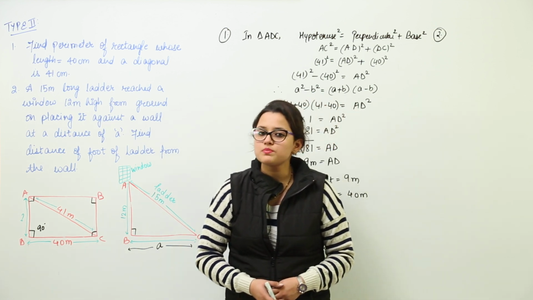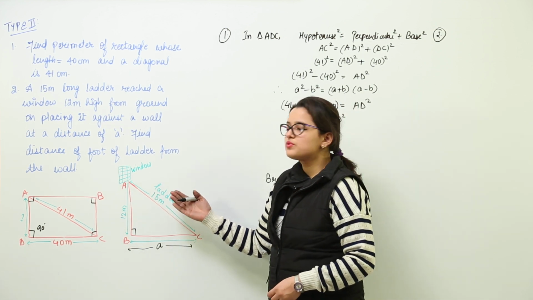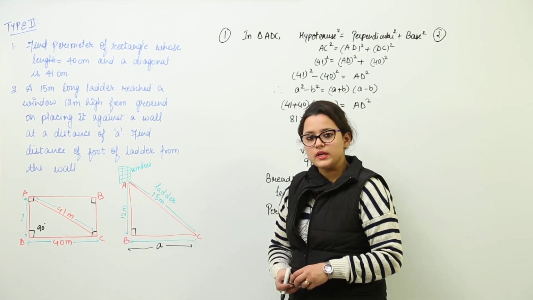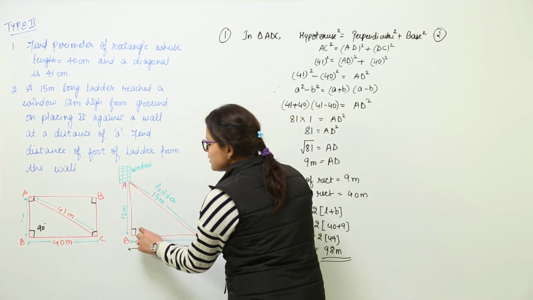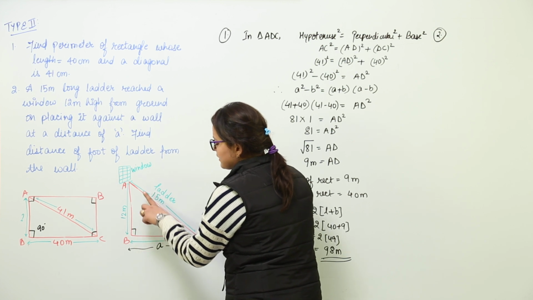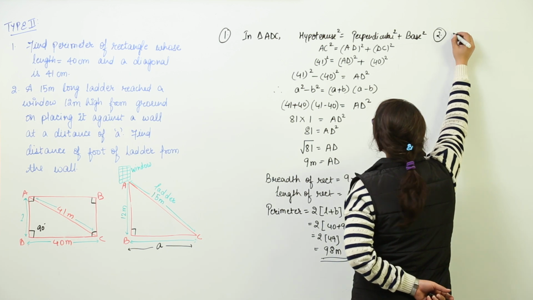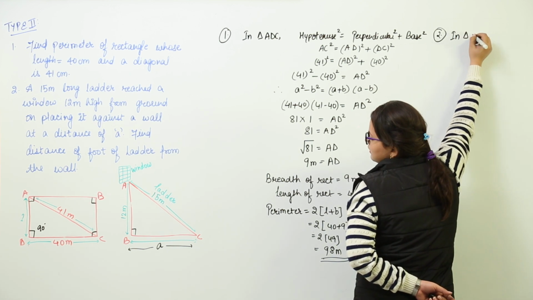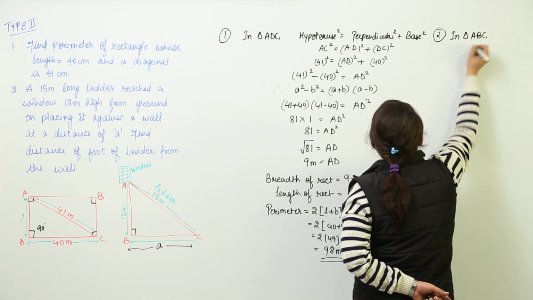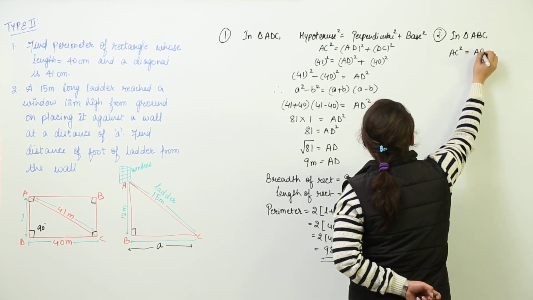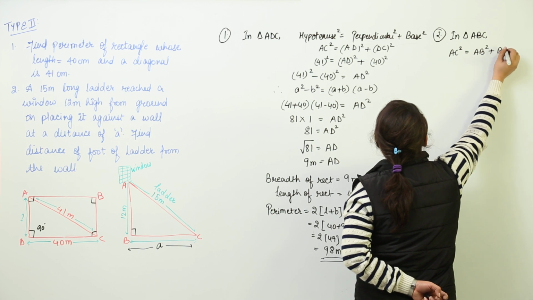As per Pythagoras property, the hypotenuse square should be equal to the perpendicular square and base square added together. So here the 90 degrees opposite side, that is AC, is the hypotenuse. So I am directly going to write over here, in triangle ABC, we will simply write AC square is equal to AB square plus BC square.